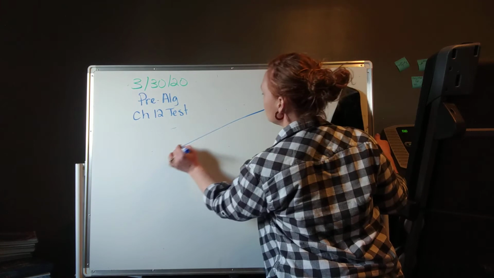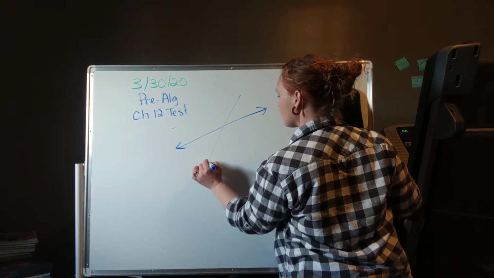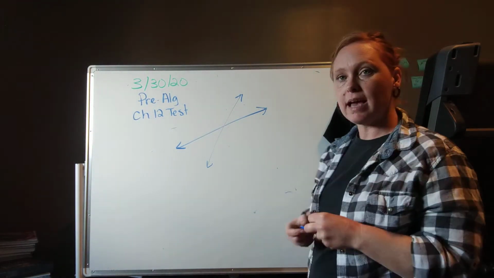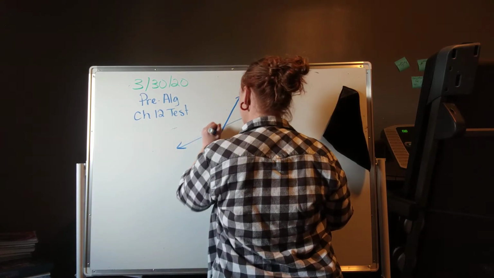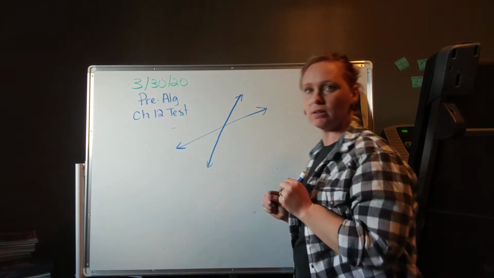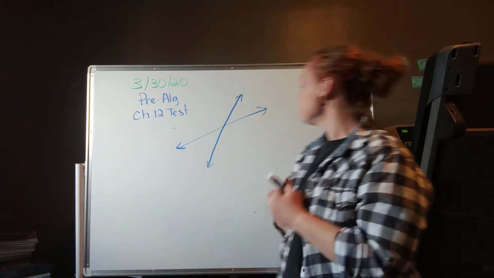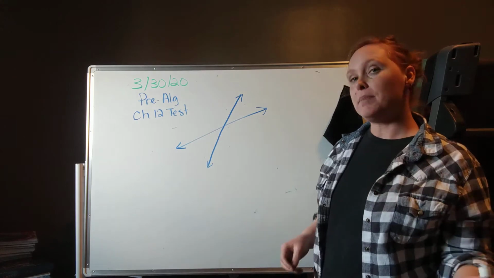So if I had two lines that intersected, okay, if I have two lines that intersect, whoops, I hope you can see that. Let me make that a little bit darker. There, hope that's a little bit easier to see. So I have two lines that intersect. Vertical angles are kind of the same as saying opposite angles.